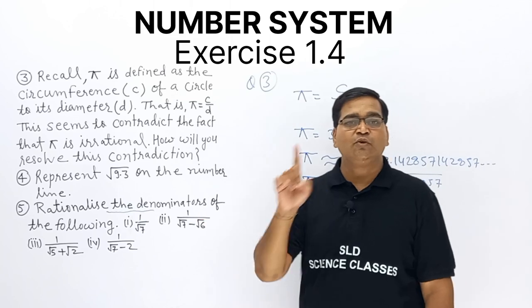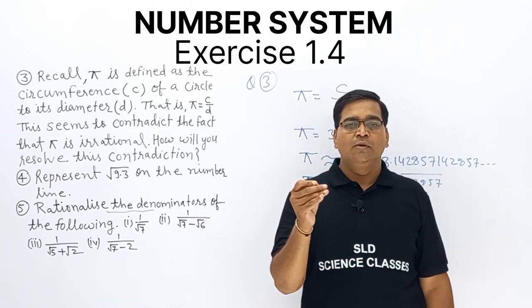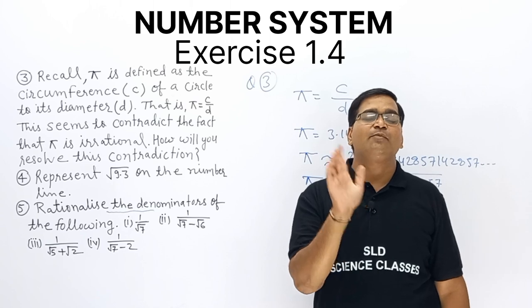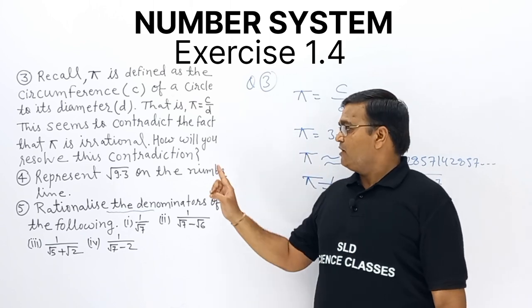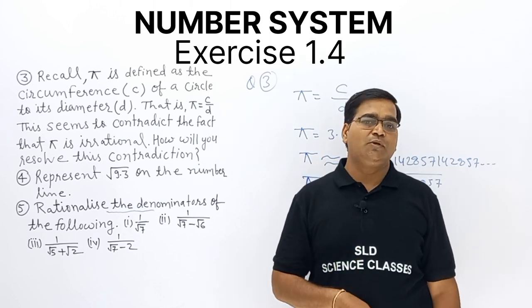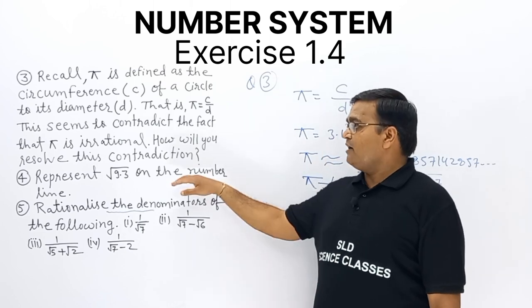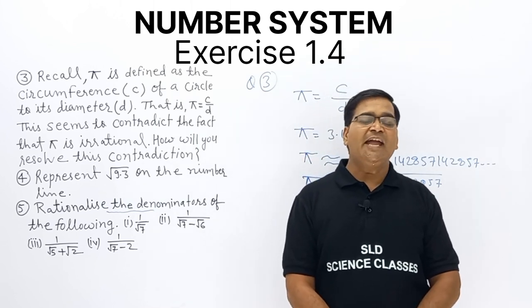Question 5 is linked to rationalization. Why do we rationalize? Because we want to remove the radical sign from the denominator, so we multiply and divide by its conjugate. Clear?